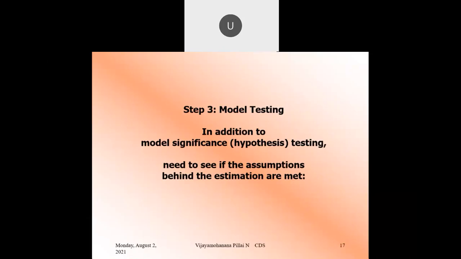That's all. Actually, that is not the correct procedure. The model testing also includes something else, and that is more important than this so-called first step of model significance testing. That is, we need to see whether the assumptions that we have used in the estimation are met or not.